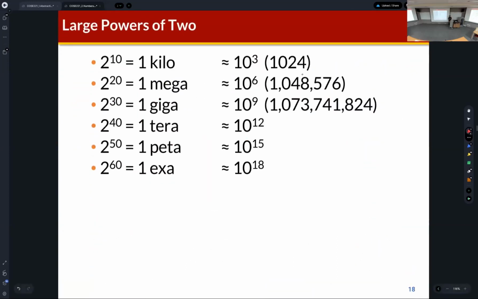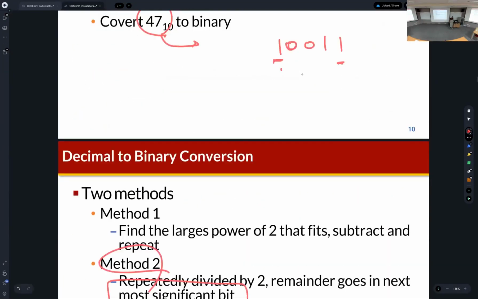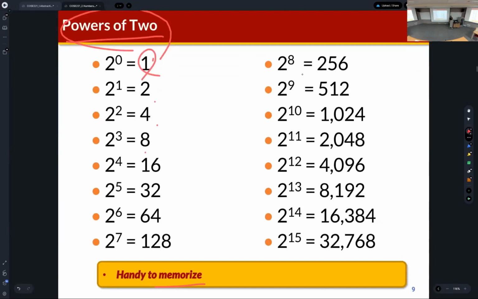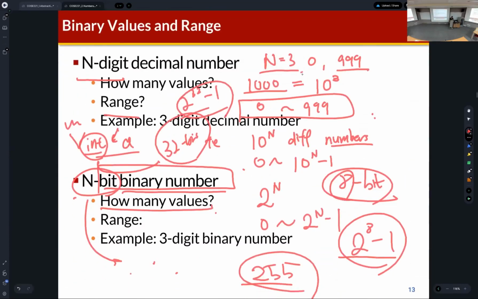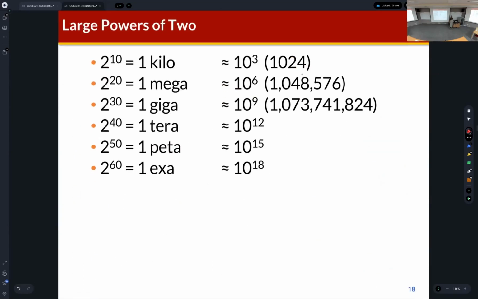Okay, and then how can you represent large powers of 2? In the previous slide we also learned many powers of 2, but modern computer systems handle a very large amount of data. Then how can we represent those large sizes of data?